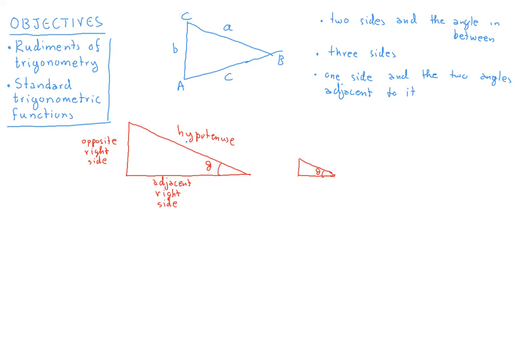So early trigonometry was pretty much an attempt to tabulate all these ratios. So we had to name them first. So the sine of the angle theta was defined as the opposite right side over the hypotenuse.